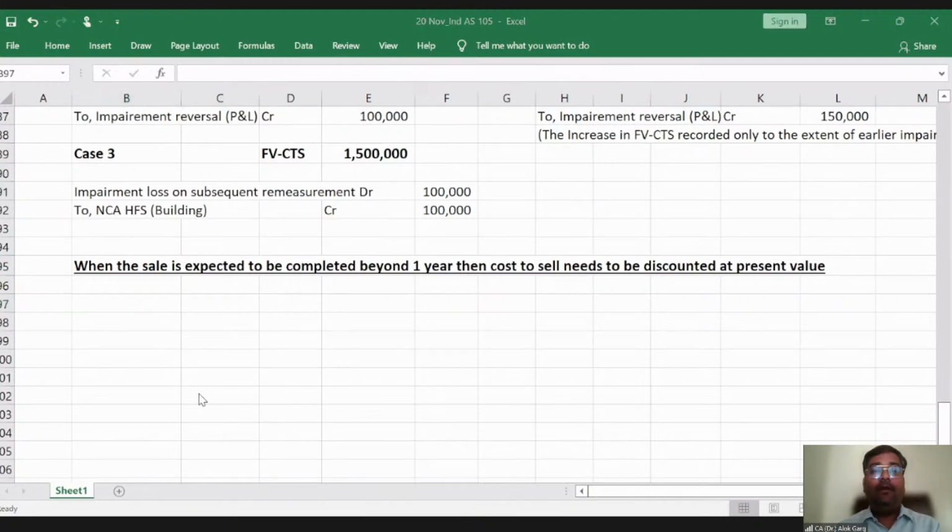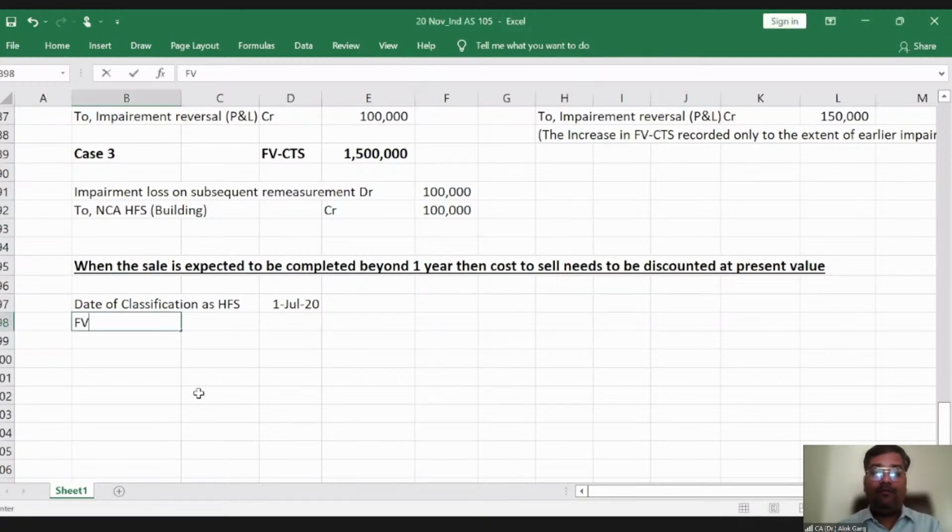For example, the date of classification as HFS is, let's say, 1st July 2020. Clear? Fair value on the date of HFS, fair value less cost to sell.